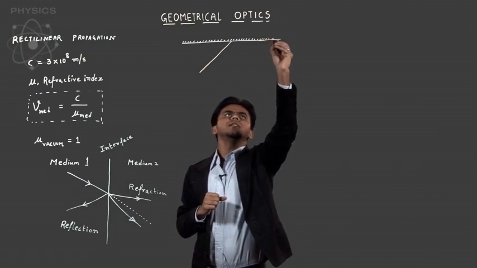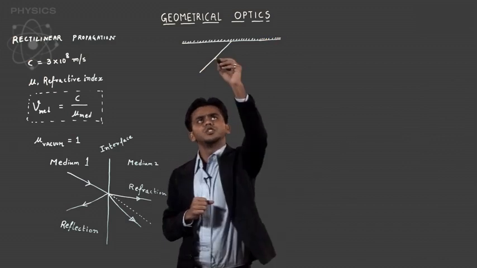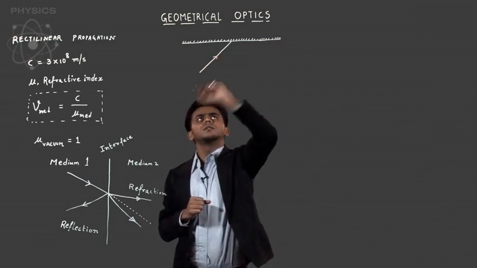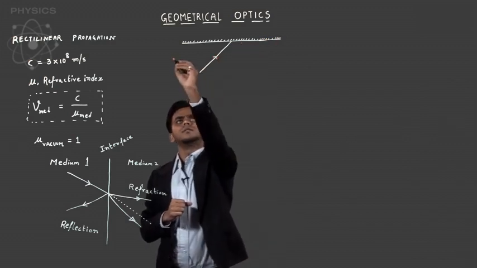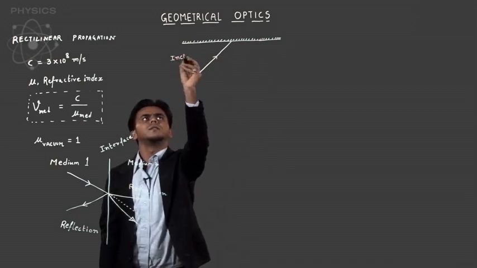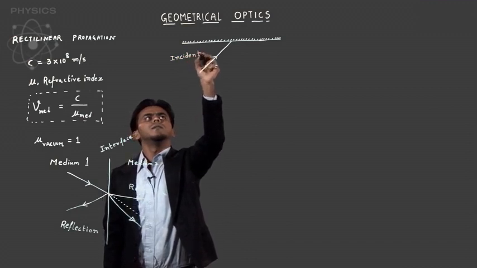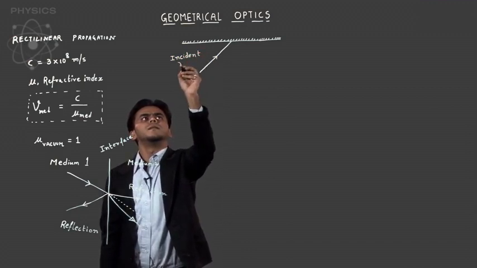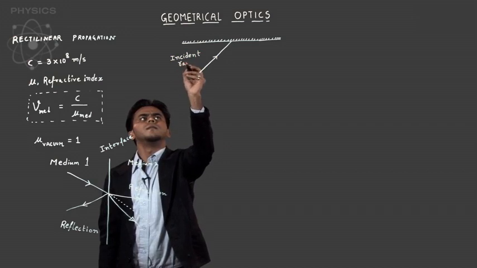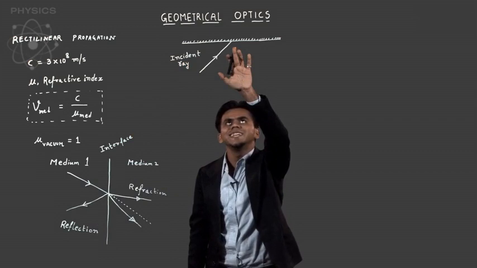This ray is known as the incident ray, which comes to the plane mirror. When it meets this interface, it gets reflected.